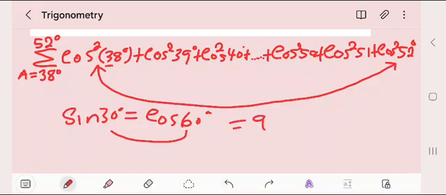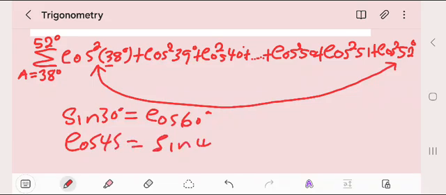This will be a co-function, and these things are exactly the same. So cos 45 is the same as sine 45 degrees.